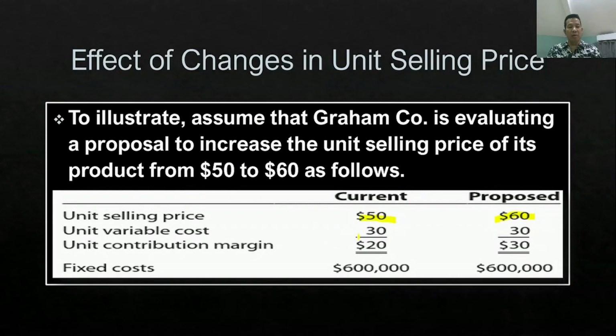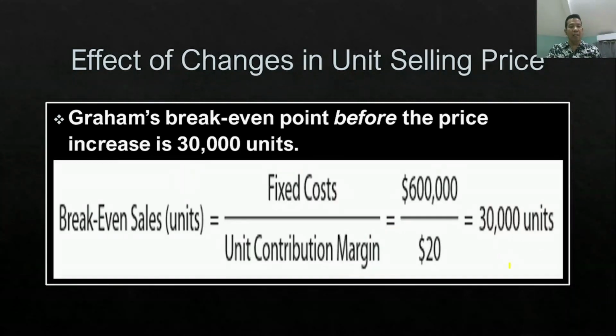So, unit variable cost of 30, the same sa proposal na 30. So, unit contribution margin of 30. Also, yung proposal nila is nagiging 30 din. So, fixed cost, same yung fixed cost, 600,000. So, tingnan natin. Graham break-even point before the price increase is 30,000 units.